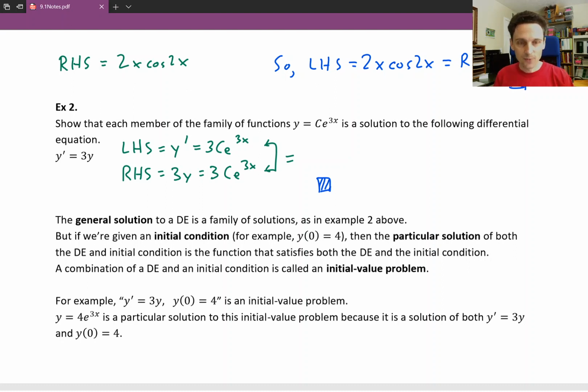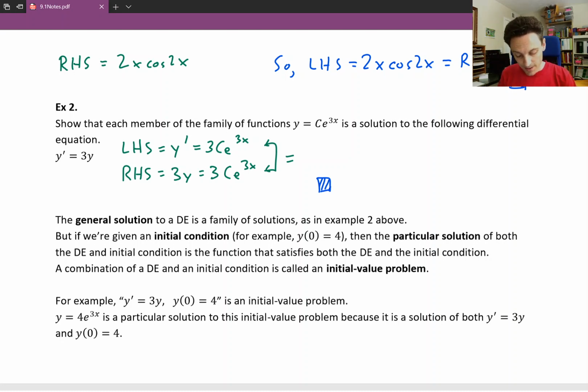So if that function represented, for example, the height of an object, this could say that at the beginning of time, at the start of time, being measured at least, not going all the way back to the Big Bang or something like that, so at the beginning of when time is being measured here, the height of the object is 4. So that's the initial condition. It could be a different initial condition. Maybe the height starts at 10, and then your function would look a little bit different.